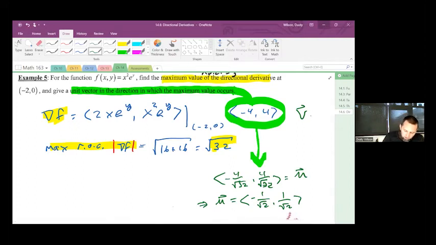So this is the direction of the maximum increase.